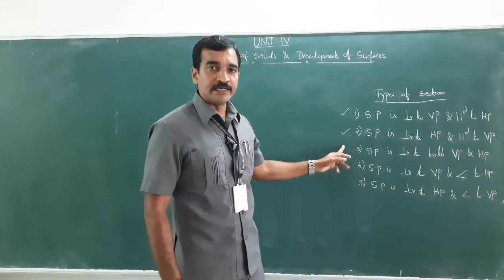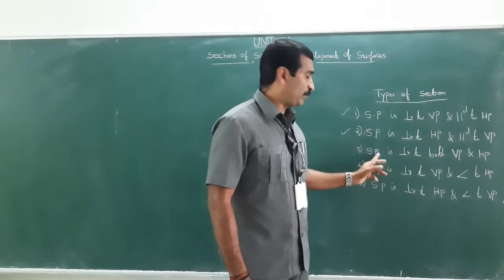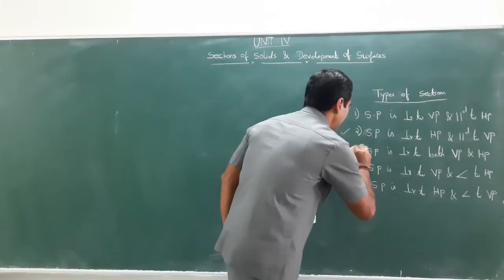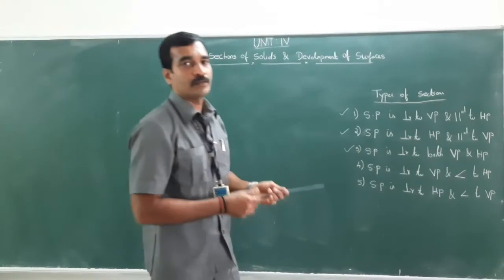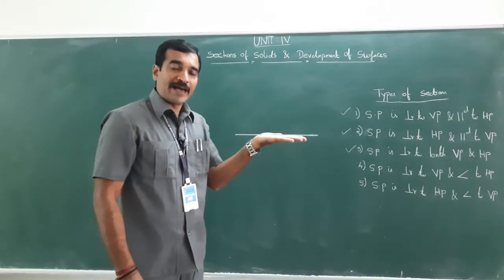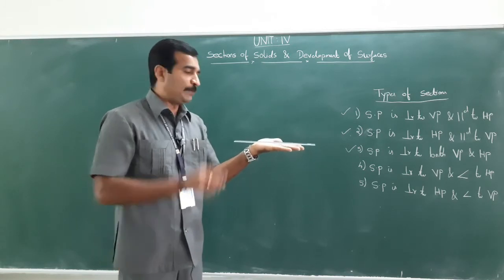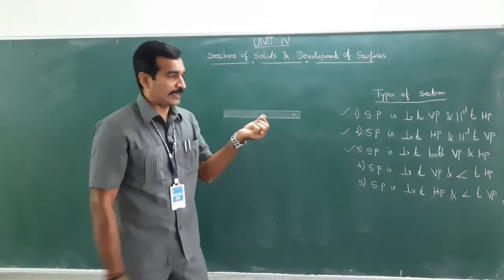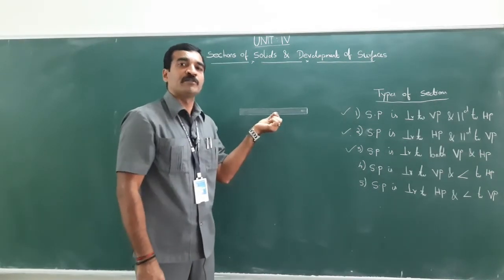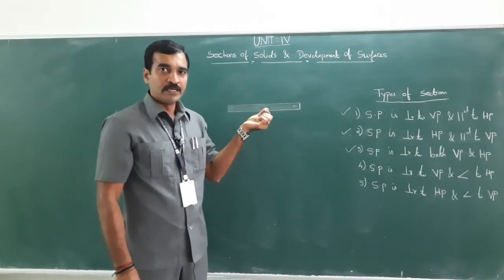And the third condition: the section plane or cutting plane is perpendicular to both VP and HP. So the first condition was in this manner, the section plane was parallel to HP and perpendicular to VP. In the second position, I have kept the section plane in this manner, therefore this plane surface is parallel to VP and perpendicular to HP.